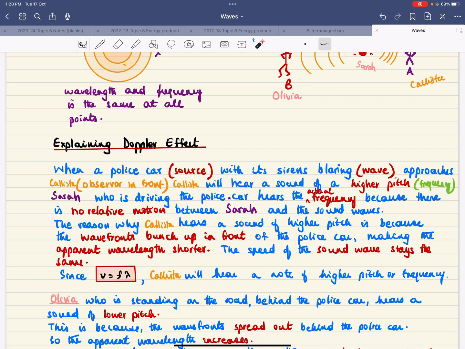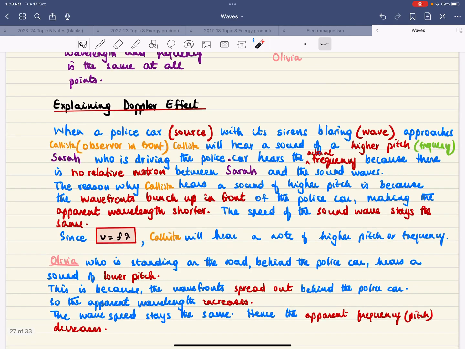The reason why Callista hears a sound of higher pitch is because the wave fronts bunch up in front of the police car, making the apparent wavelength shorter. The speed of the sound wave stays the same. Since v equals f lambda, Callista, who's standing in front of the approaching car, will hear a note of a higher pitch or frequency.